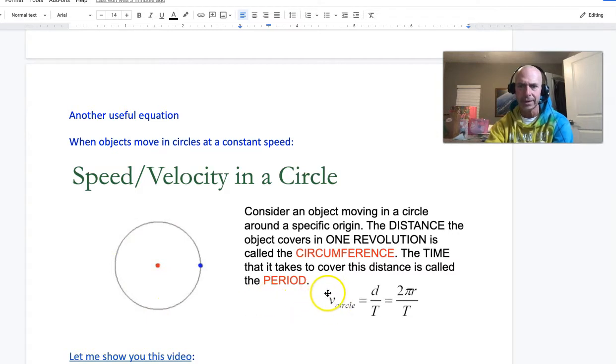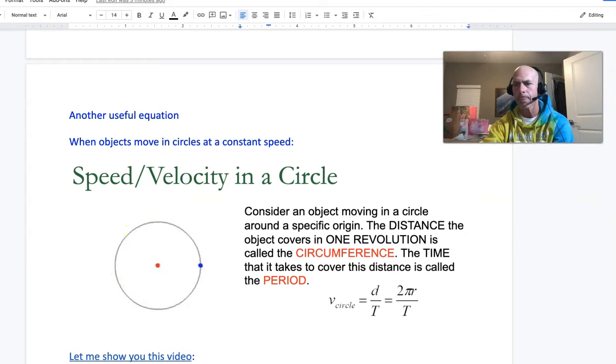So we can get that velocity in that circle, the tangential velocity, by taking its circumference, 2 pi r, the distance, over the time. And this time typically is given a special name. It's called the period, which is how much time it takes in seconds to go around.